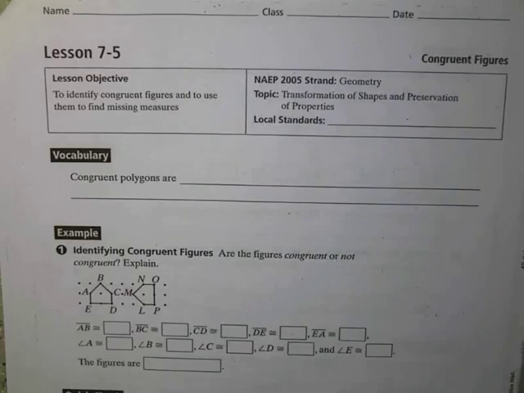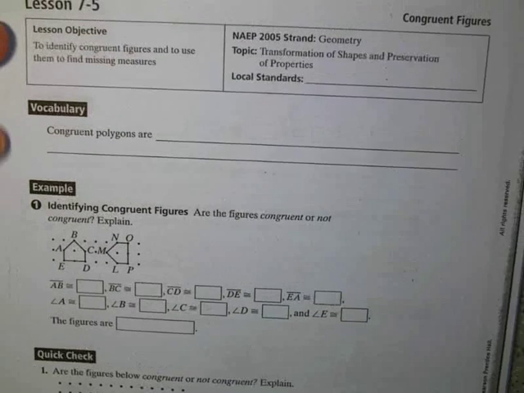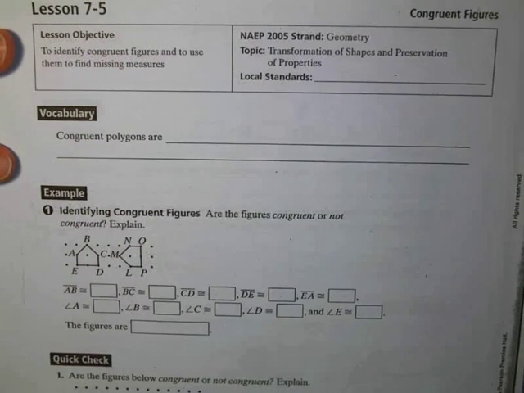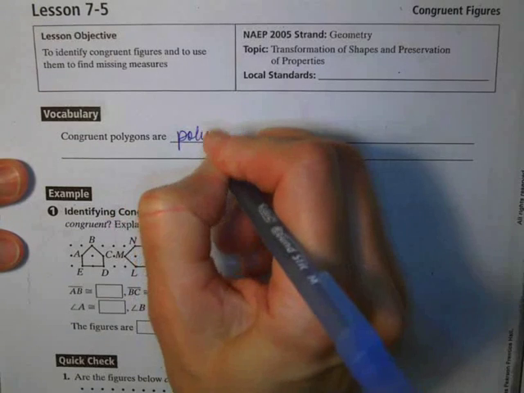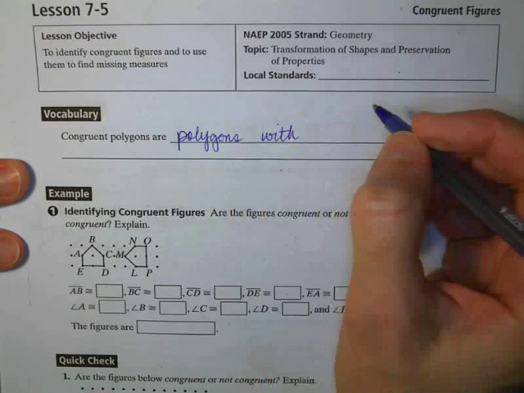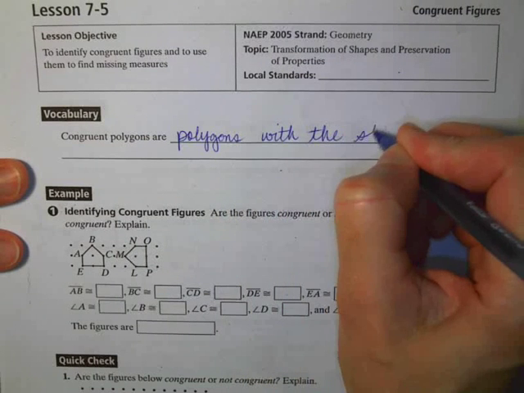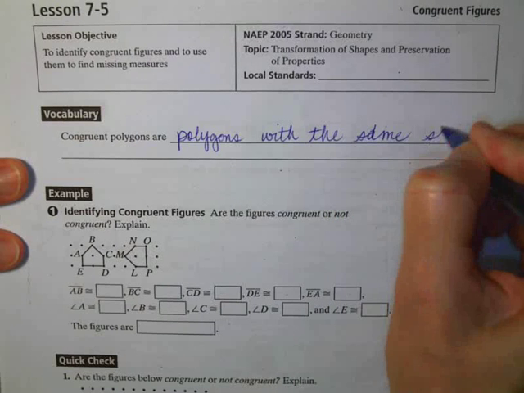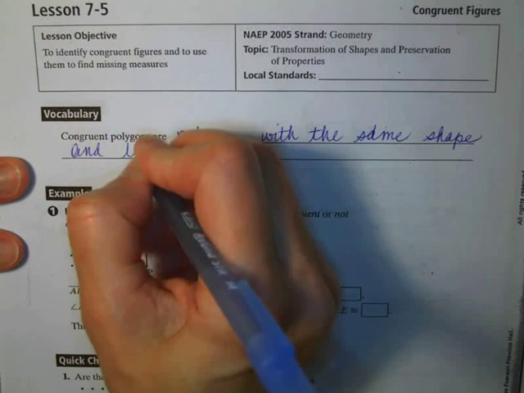Our objective is to identify congruent figures and to use them to find missing measures. Okay, so let's start with definitions here. Congruent polygons are polygons with the same shape and the same size.